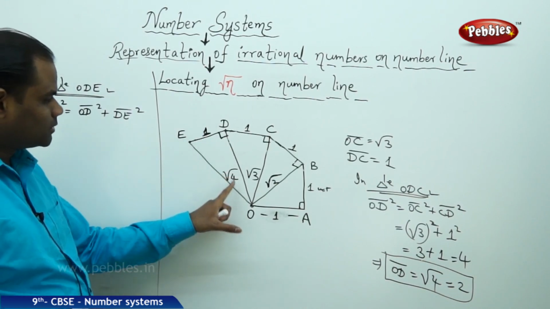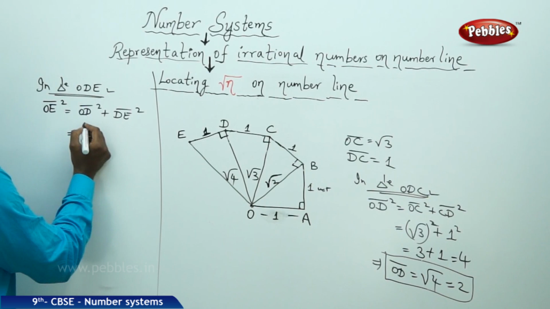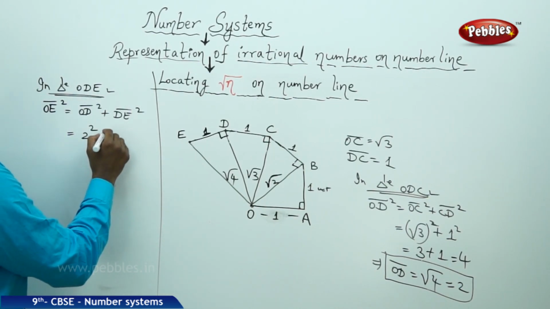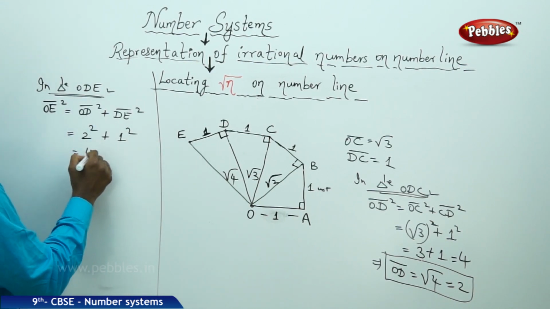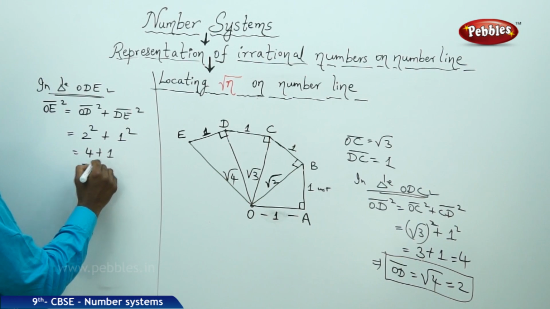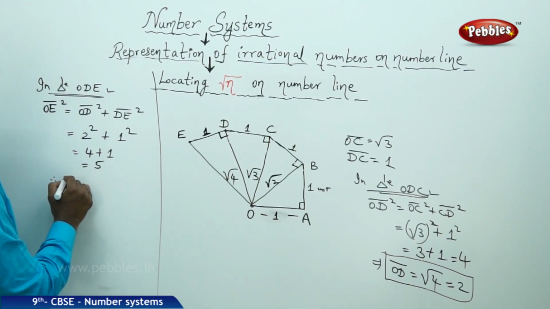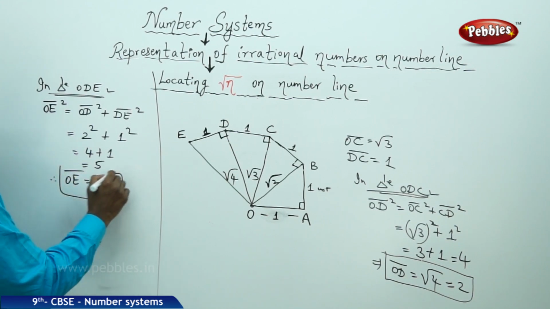Now I have my OD, which is calculated as root 4 or 2. So OD, which is root 4 or 2 square, plus DE, which is 1 square, gives me 4 plus 1, which is 5. Therefore, OE square is 5, implies my length OE is root 5.